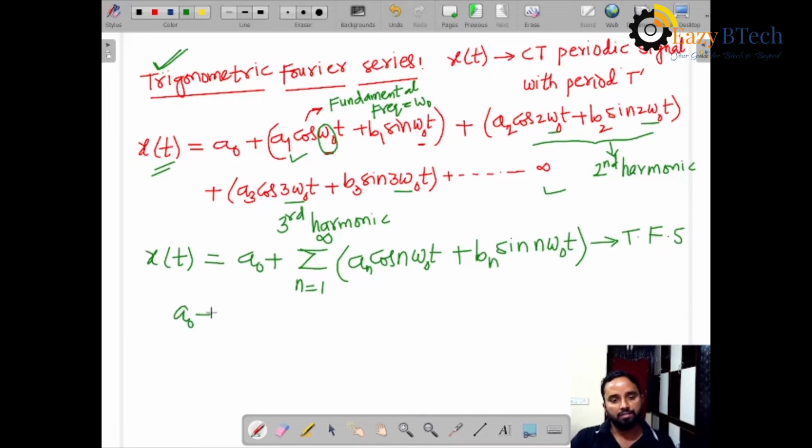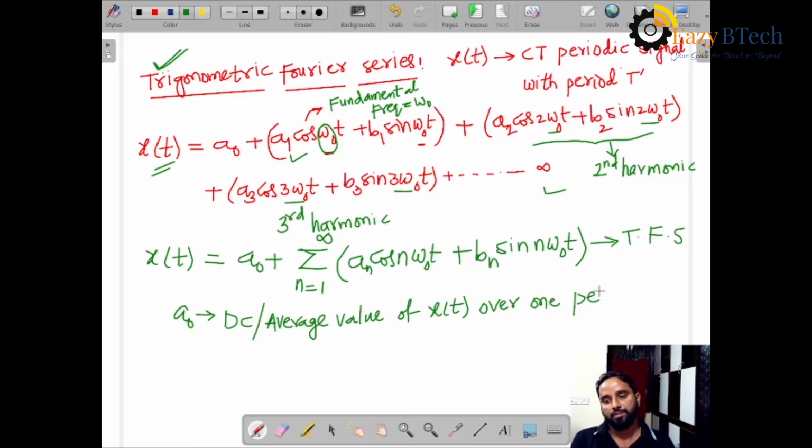A naught is called the DC or average value of x of t, the average value of x of t over one period. So this is the meaning of a naught.